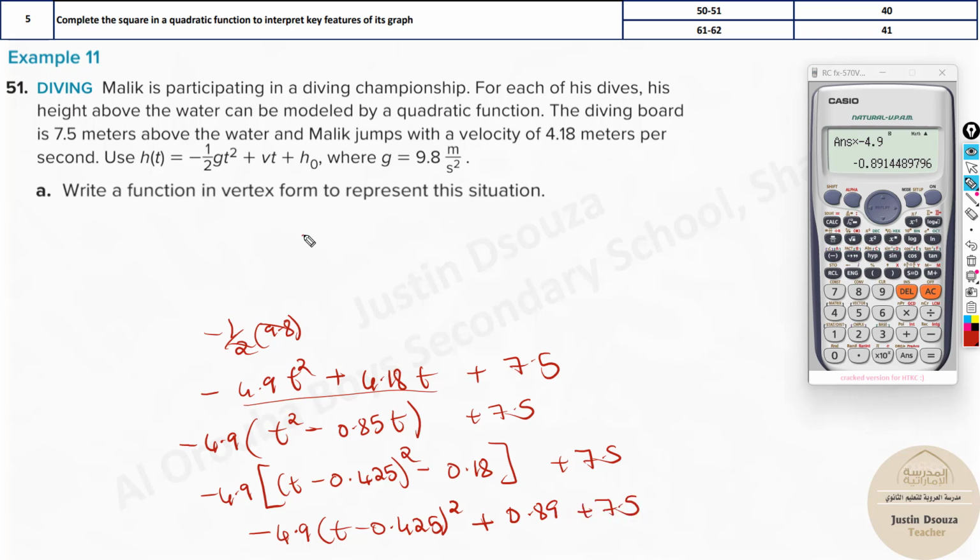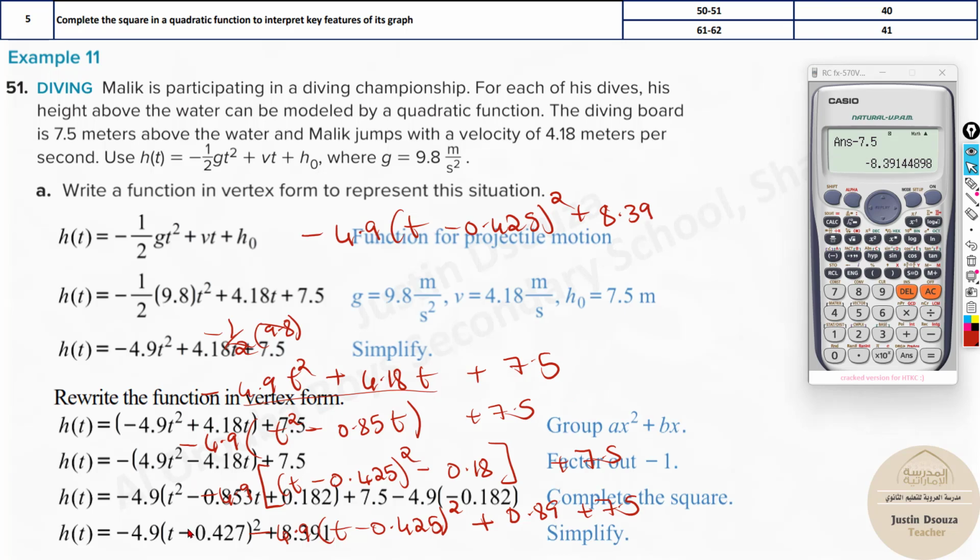So the ultimate answer would be negative 4.9 times t minus 0.425 the whole square plus, add this up, 8.39. So this is the final answer.